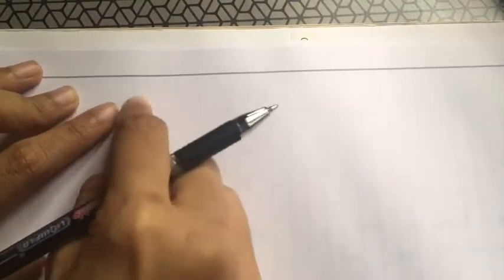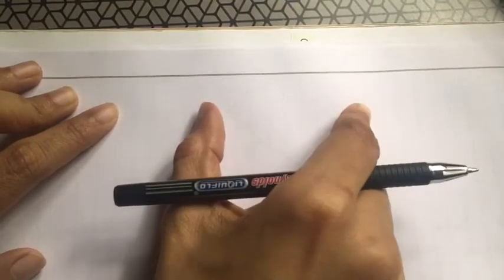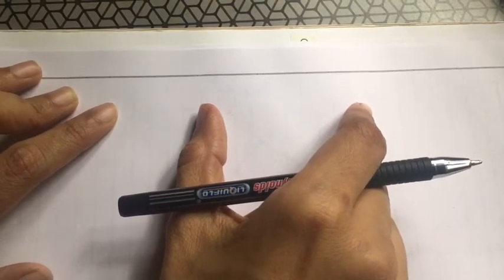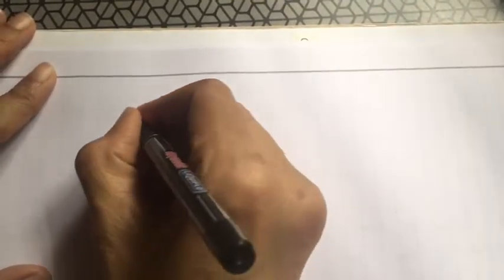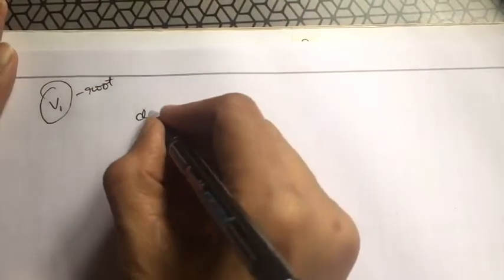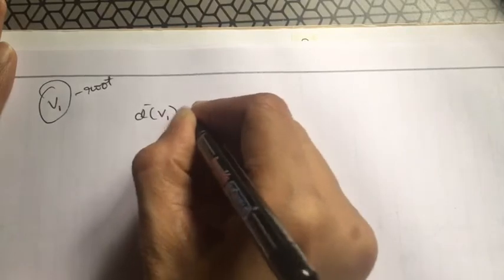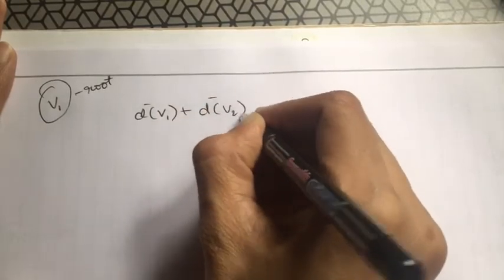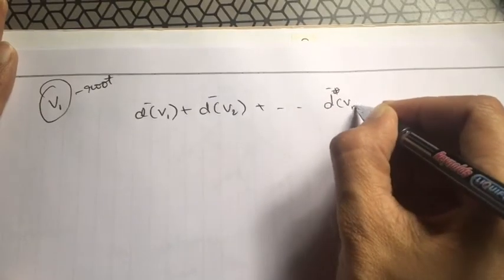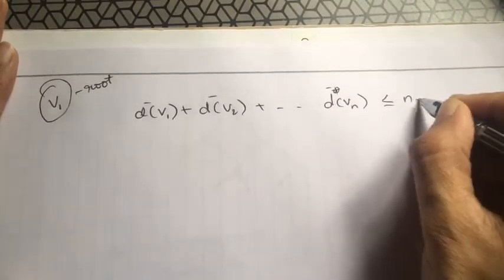So when one term is equal to 0, then the rest must be positive integers. Therefore, they must all be equal to 1. Suppose v1 is the root of the arborescence, then d minus of v1 plus d minus of v2, like that, up to d minus of vn, must be less than or equal to n minus 1.